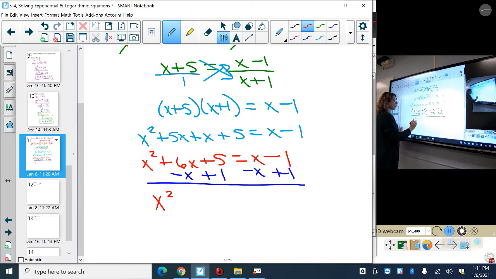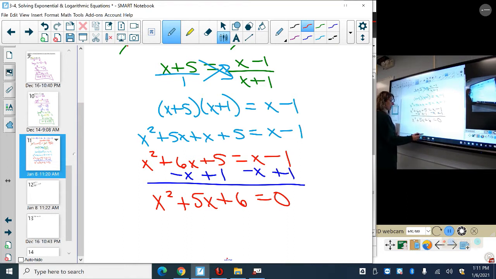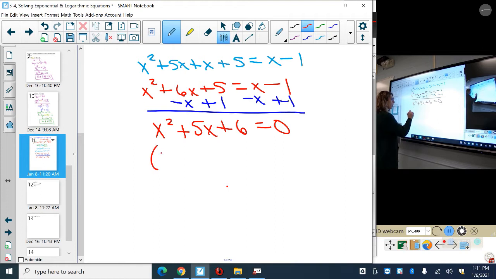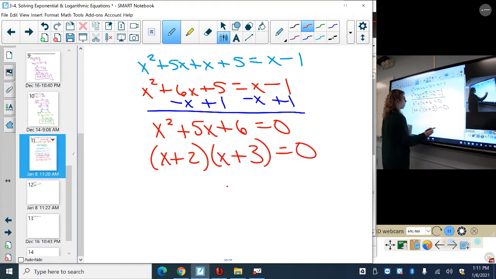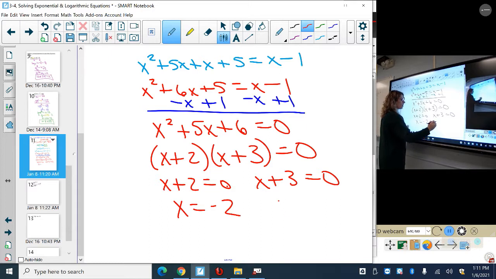To give you x squared plus 5x plus 6 is equal to 0. Now, how do I factor that? Well, that is going to give me x plus 2, x plus 3 is equal to 0, x plus 2 is equal to 0, x plus 3 is equal to 0, x is equal to -2, and x is equal to -3.